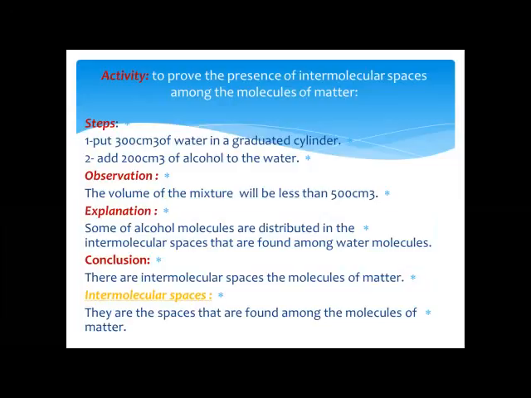What is your explanation? What do you understand? I understand, Miss, that some alcohol molecules distribute in the intermolecular spaces that are found among water molecules. You can do it practically at home. The conclusion is that there are intermolecular spaces among the molecules of matter.